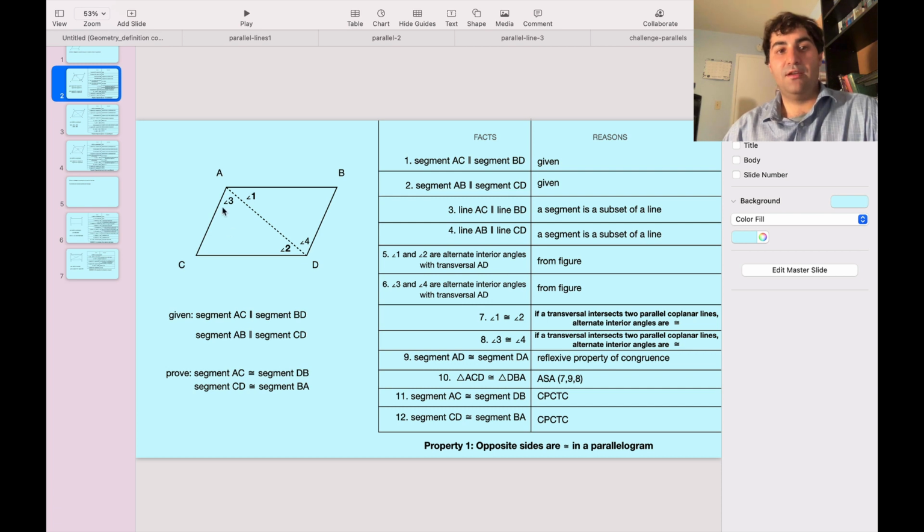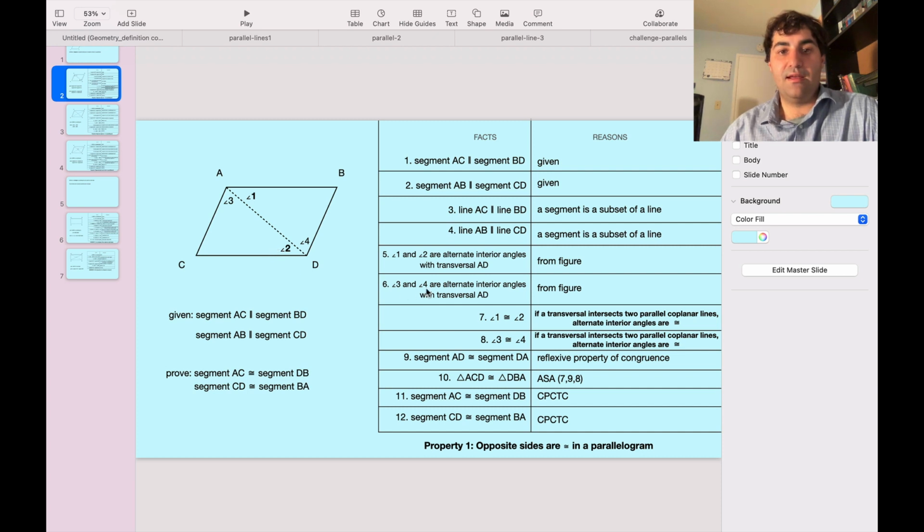So if we look at the figure, if we have this transversal AD, then angle 1 and angle 2 are going to be alternate interior angles, right? Because the angles are in the interior region bounded by lines AB and CD, and they're both on opposite sides of this transversal.